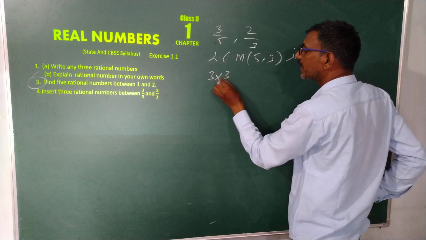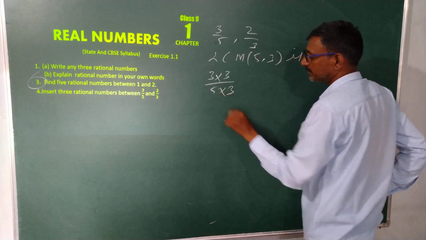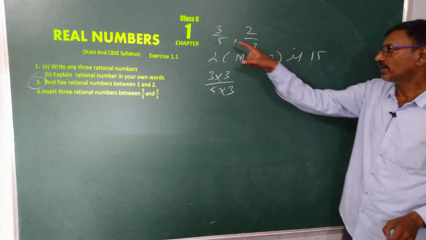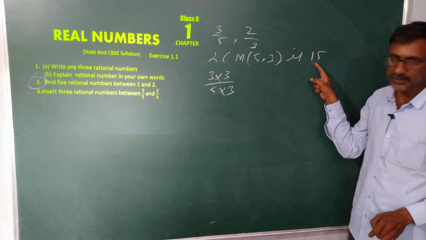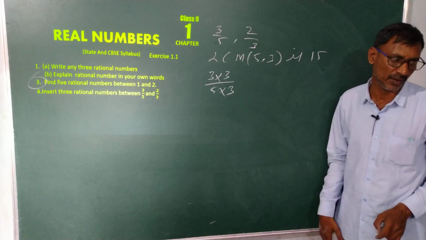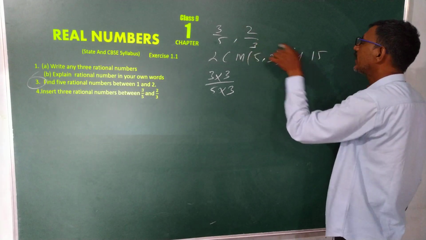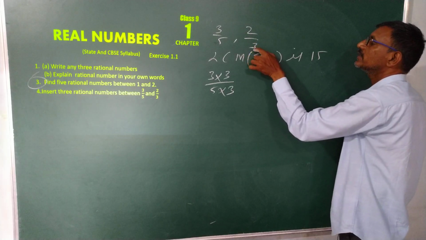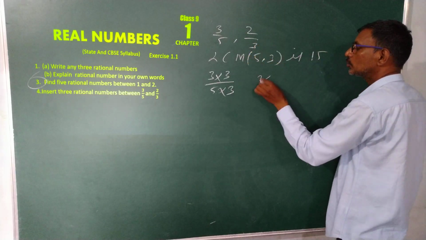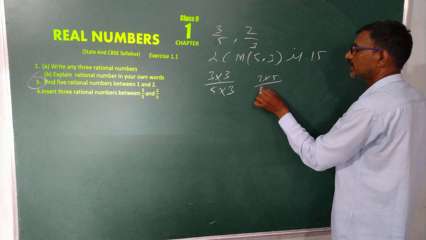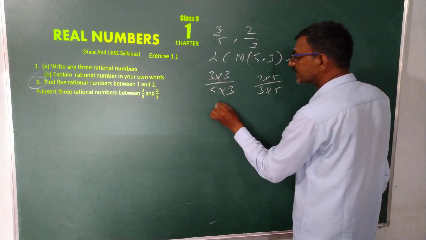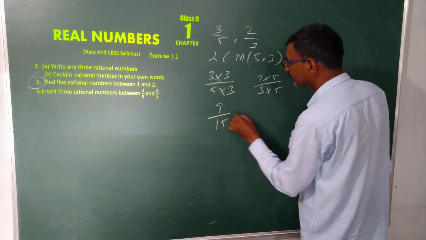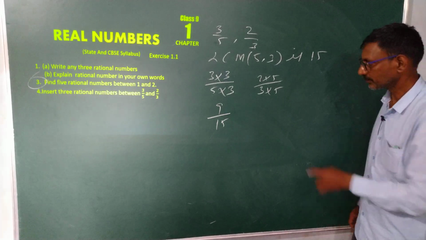So 3 into 3 by 5 into 3. How many times will 3 go into 15? 5 times. 2 into 5 by 3 into 5. 3 threes are 9. 3 fives are 15. Okay? 10 by 15.